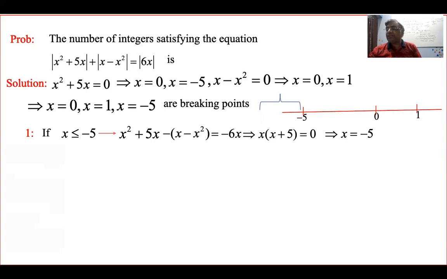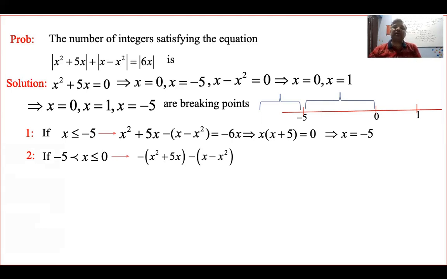Let us see the second part, in between minus 5 to 0. So in this part, x square plus 5x will become negative. Therefore, it is minus of x square plus 5x. And x minus x square is also negative. Therefore, that is also minus of x minus x square.